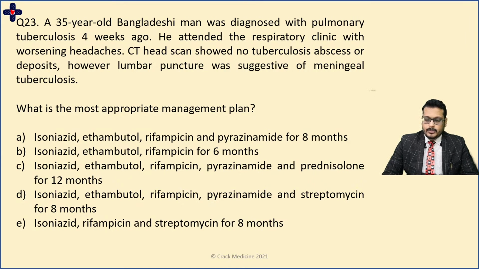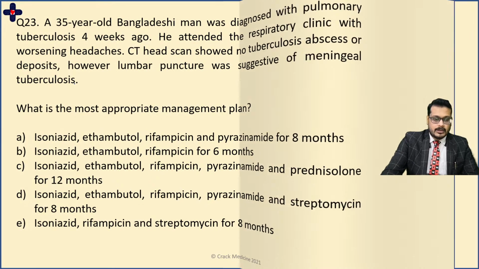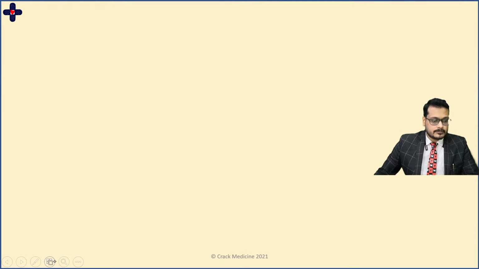Okay, Renu is quite quick to answer that. Tinu also says C. Karthik also says C. So let's go with C. You're right. Basically, for meningeal tuberculosis, you have to give the treatment for 12 months.